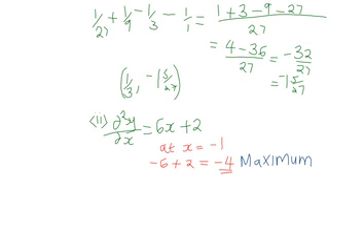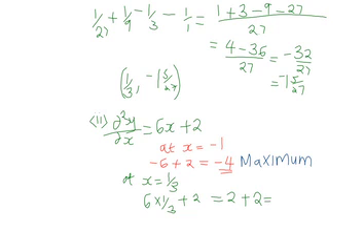Now we can check when the value of x is a third. The second differential will be 6 multiplied by a third plus 2. So 6 multiplied by a third is 2, plus 2 gives us a positive 4. And since the second differential at this point is positive, this point is the minimum point.